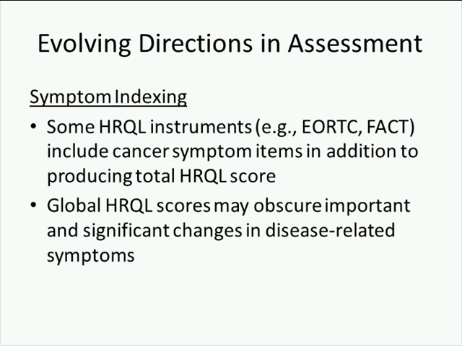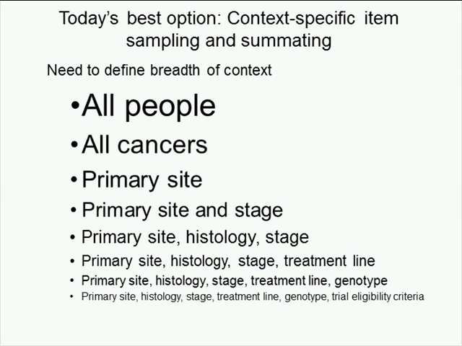And global quality of life scores, as I mentioned, may obscure important and significant changes in disease-related symptoms. So there's a bit of a problem with these instruments that they don't ideally compile or aggregate scores for these endpoint models as I've been talking about. And I'll come back to that.